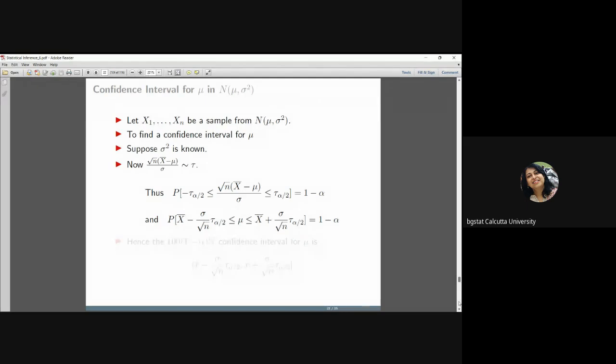I know this from properties of the sampling distribution of the normal mean. So if this is so, then the probability of this quantity lying between the two cutoffs, a lower cutoff of minus tau alpha by 2 and an upper cutoff of tau alpha by 2, must be equal to 1 minus alpha. Now I can manipulate these inequalities so that mu remains in the middle.